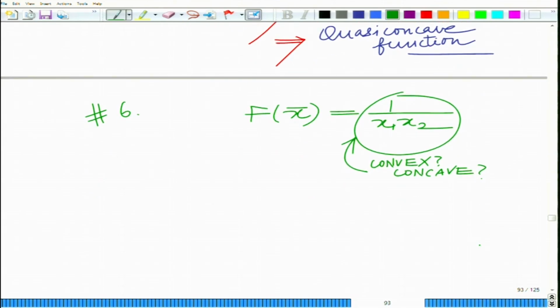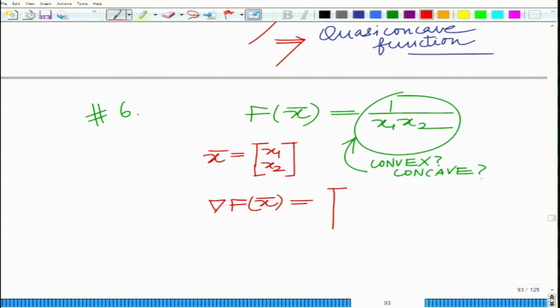And you can once again find the Hessian of this. Let us first start with the gradient. X bar is again a 2-dimensional vector. This is a function of 2 variables x1 x2.